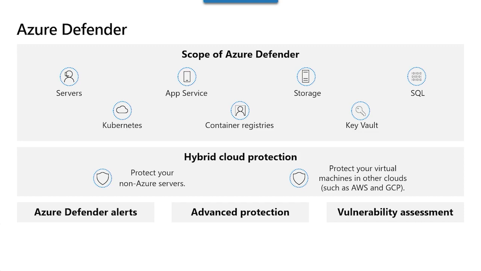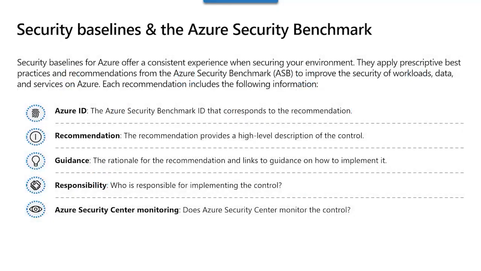But here's the thing. Azure Defender isn't just for your Azure environment. It can also be used to protect your on-prem environment and even other cloud providers like AWS or GCP. And both Azure Security Center and Azure Defender have built-in baselines. And the way that works is it's based off of best practices for each service.